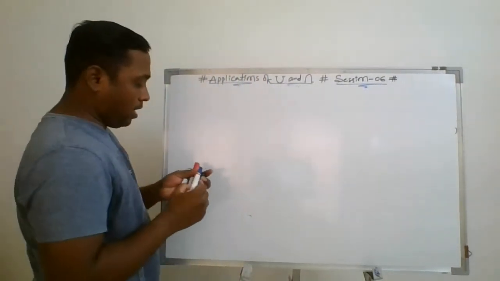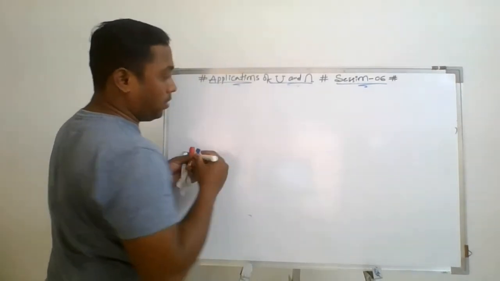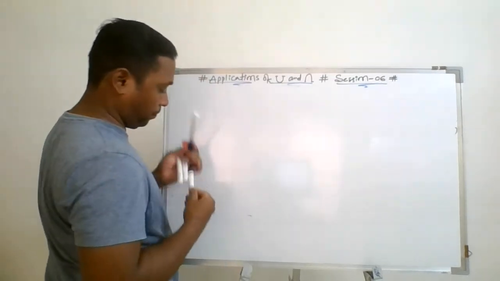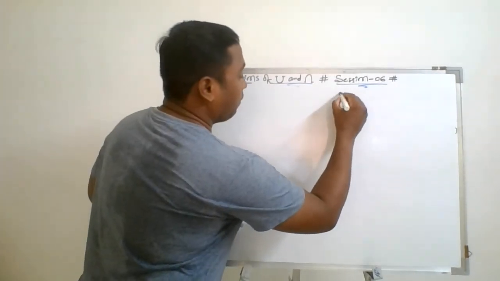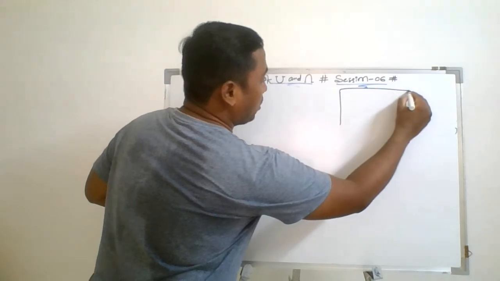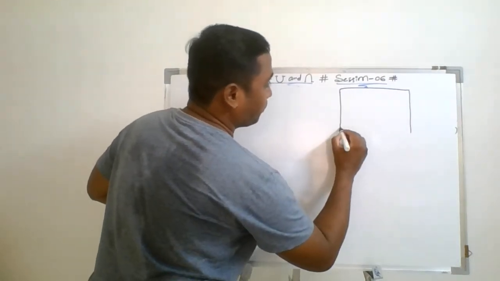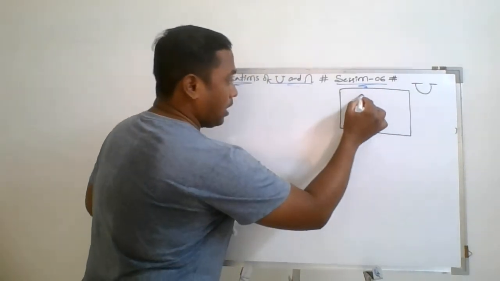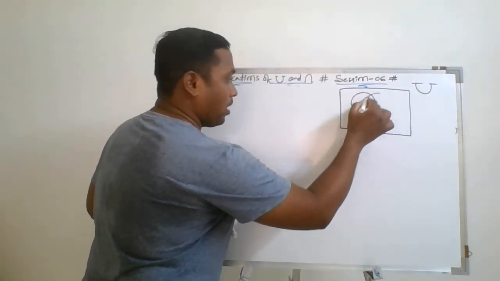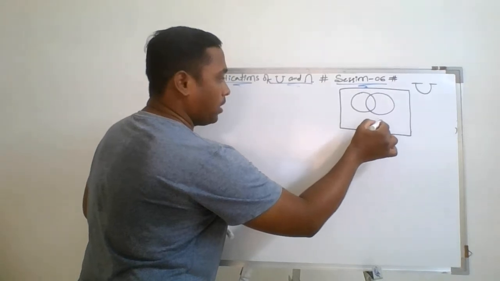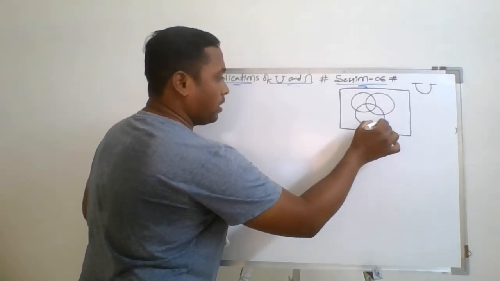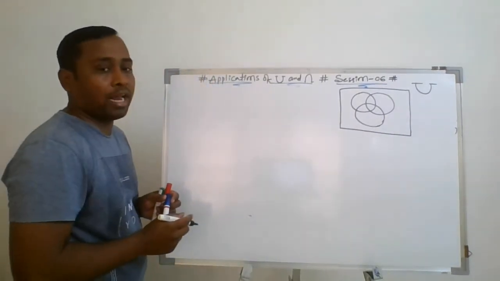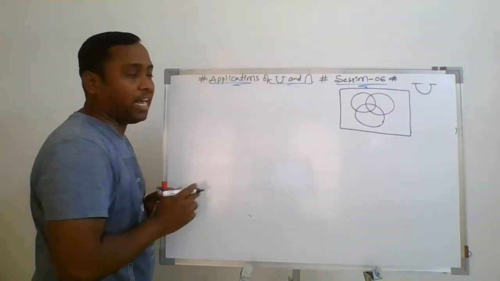So I'm taking a diagram first to understand the concept clearly. First, I am taking a universal set as U, and there are three sets. Now we are talking about the formulas related to three sets, and we consider that these three circles are overlapping, means they have some common elements.